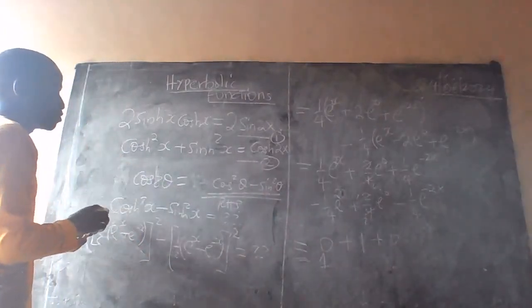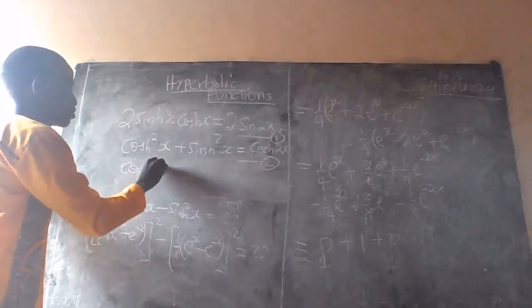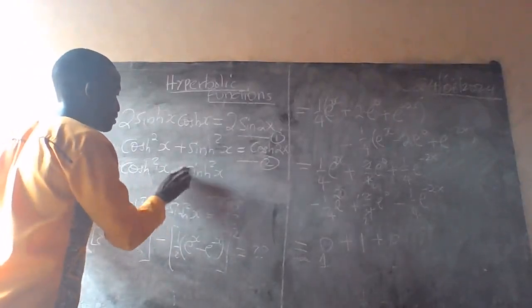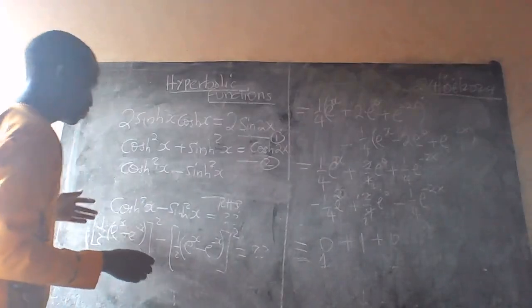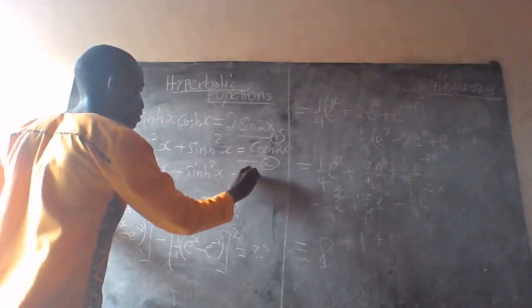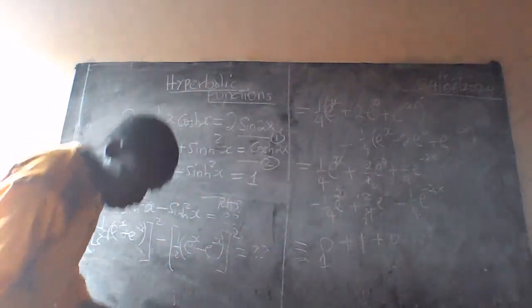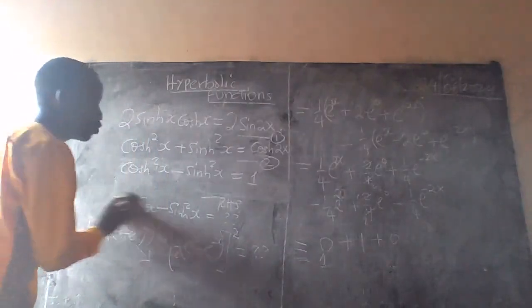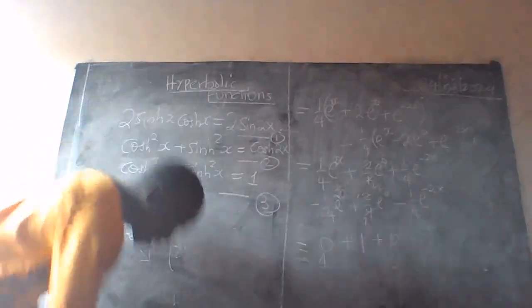So we are going to write it: cosh squared x minus sinh squared x is equal to 1, as you can see. That gives us our third hyperbolic identity.